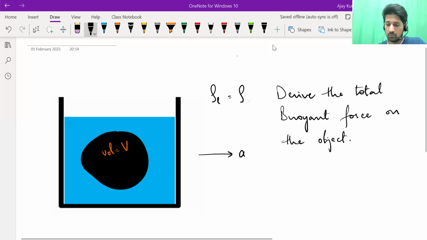See, understand how to derive buoyant force in any case. Now, when the container starts accelerating, the free surface of the liquid will not be horizontal anymore. It will be tilted, and we have seen situations like that. So let's assume that is what happens.